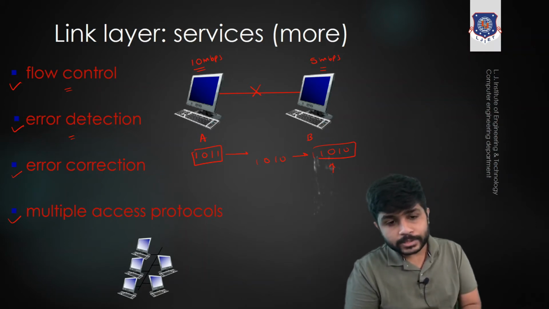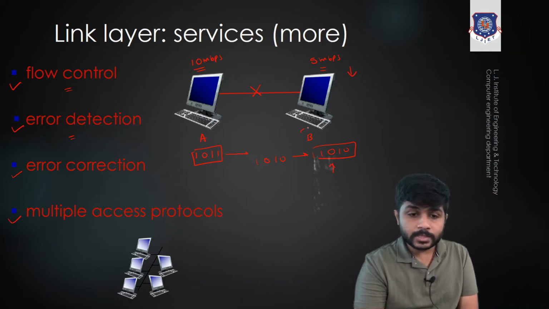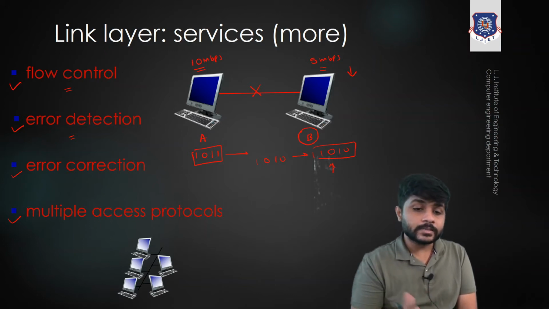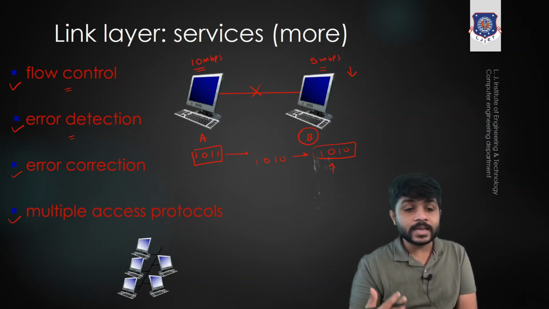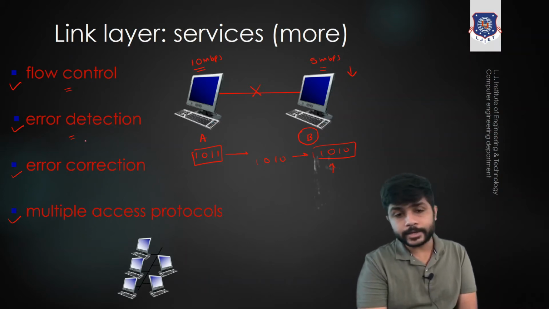So what I'm trying to say is there should be something present at the receiver side, at device B, that can understand whether the received data contains any error or not. The receiver should be able to detect errors, and that is known as error detection.